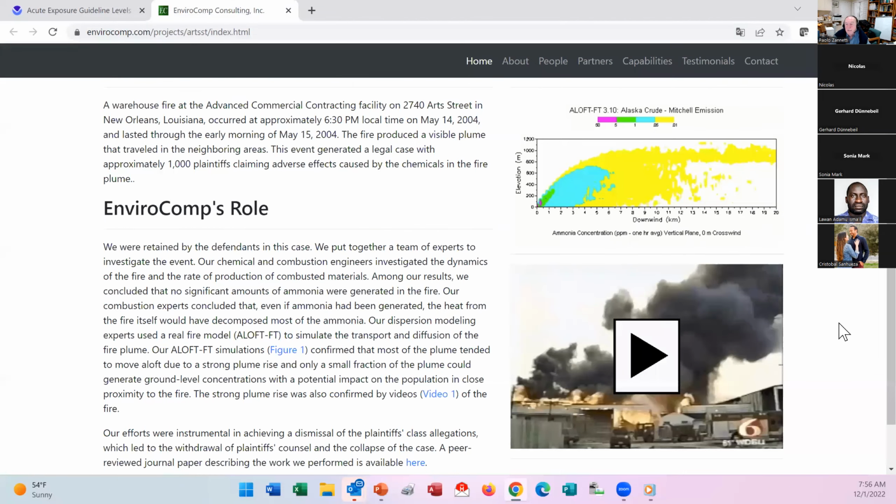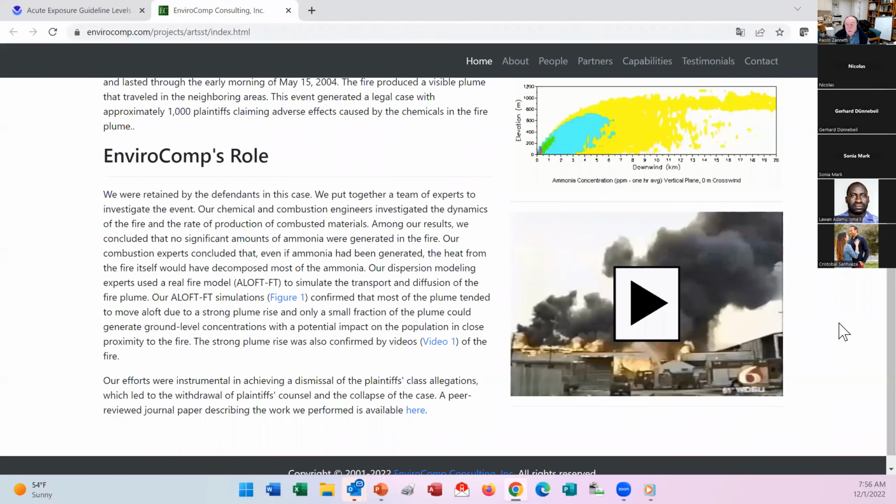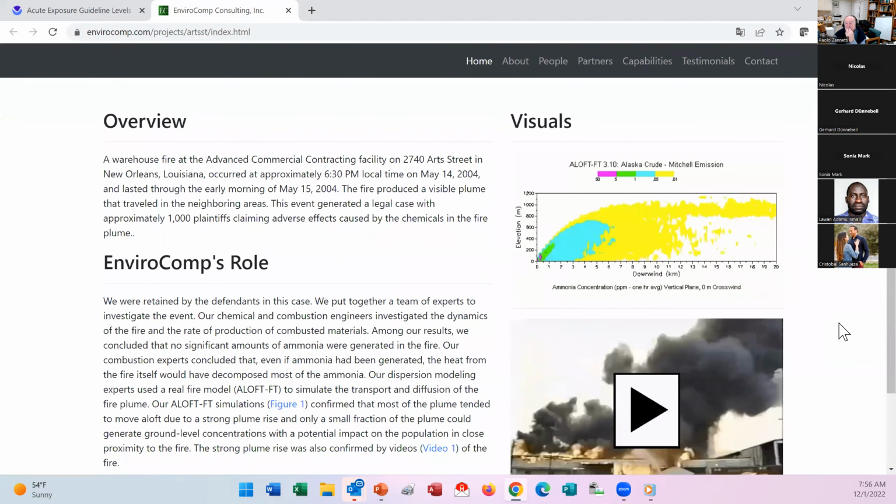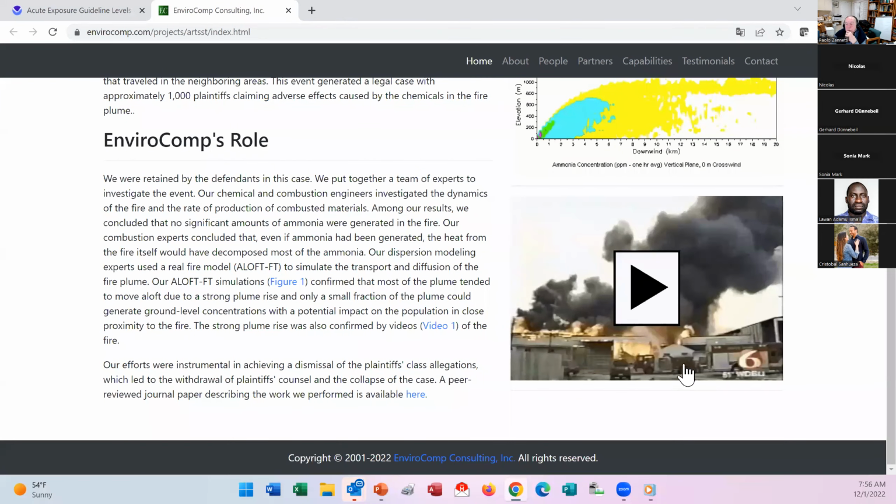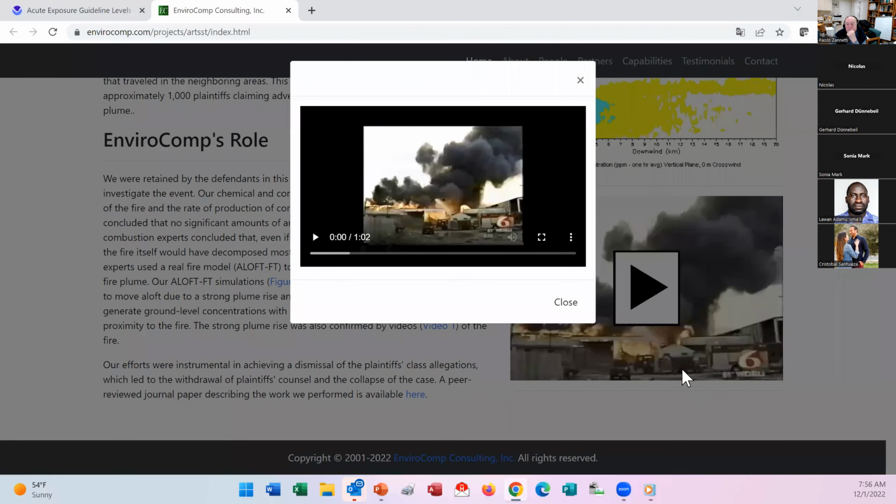This was a very interesting case. Very interesting, because it was a fire. We had several videos of the fire. So when you have a video, it's good because you have a preliminary idea of the behavior of the fire.